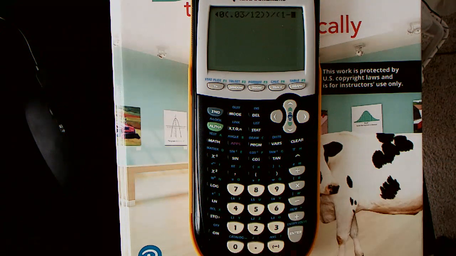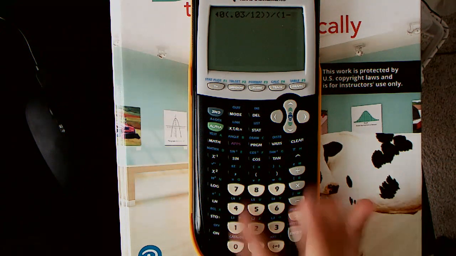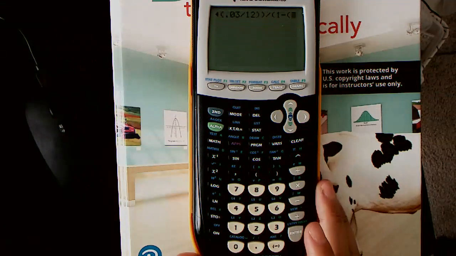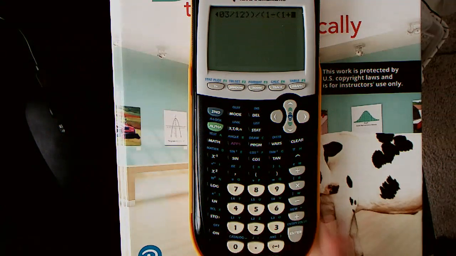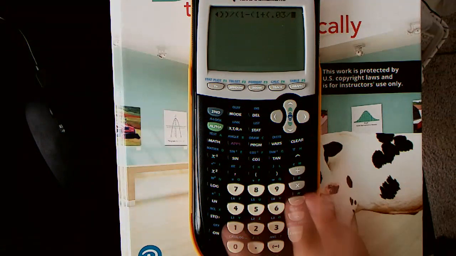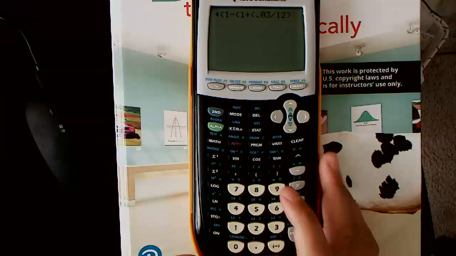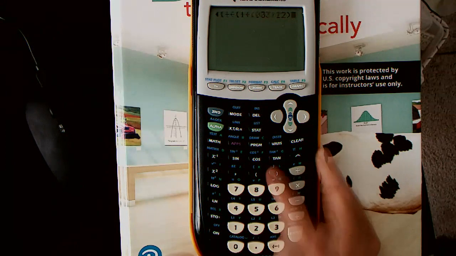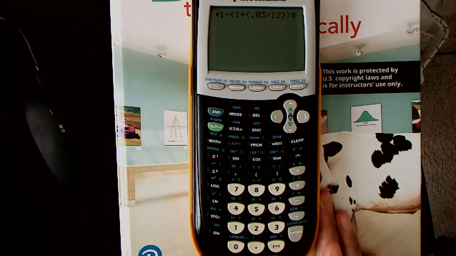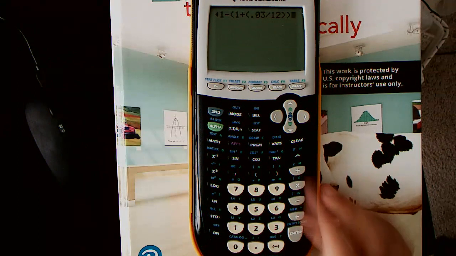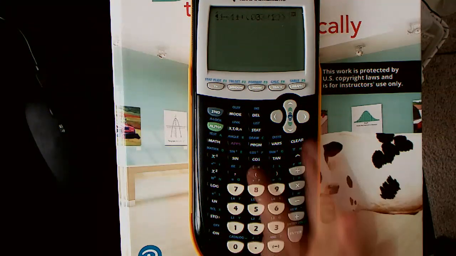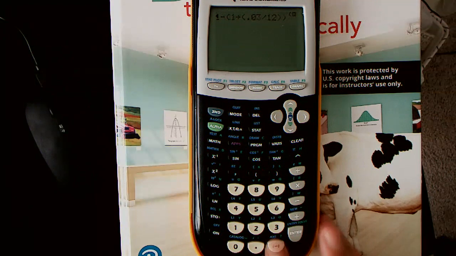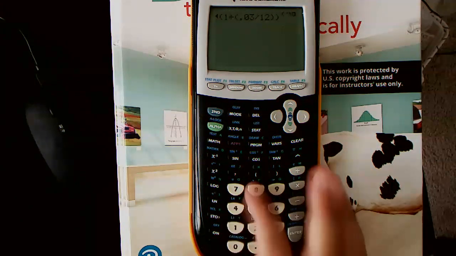And we have 1 minus, get another parentheses. In the parentheses, we have a 1 plus monthly interest rate, another parenthesis, 0.03 divided by 12, close the parentheses for the monthly interest rate, and then close the parentheses for the compounding factor, and then raised to the power of, get another parenthesis, negative 48.